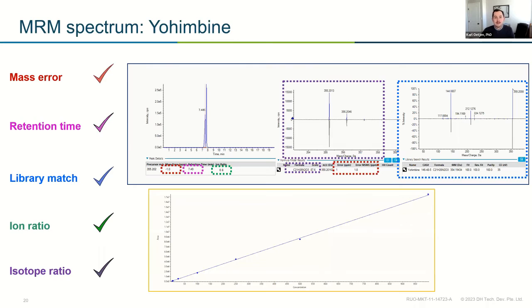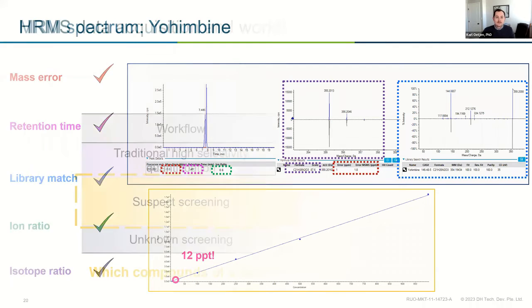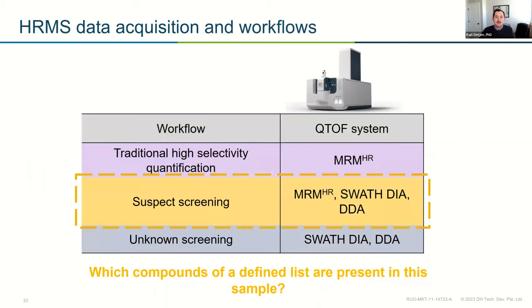So I can just go ahead and quantify this supplement and say, yep, there's 12 parts per trillion in this supplement. So that's great. Quantitation on these accurate mass instruments isn't too much different. Really, all you're doing is adding these key pieces of evidence to be confident in my result.